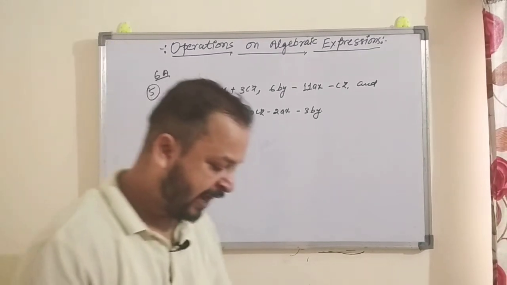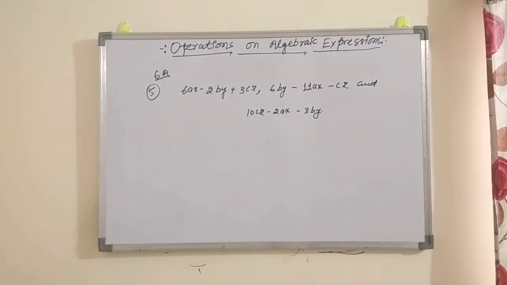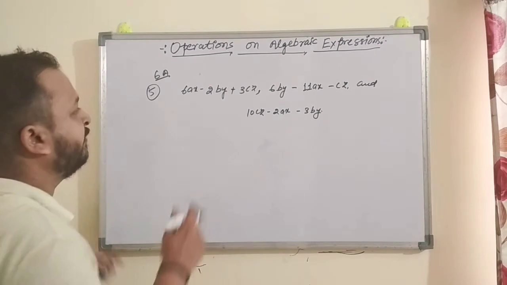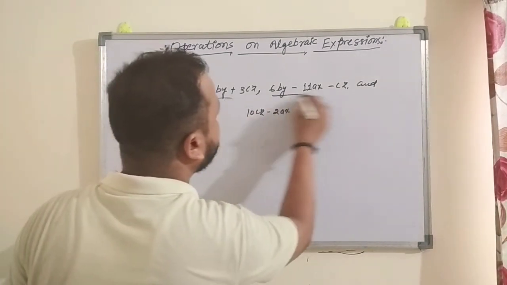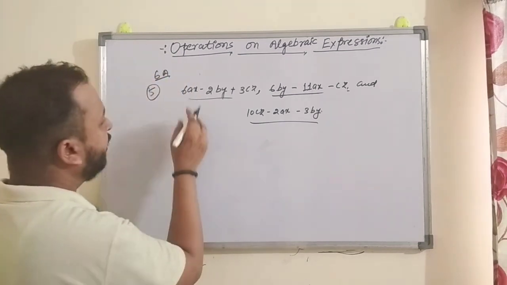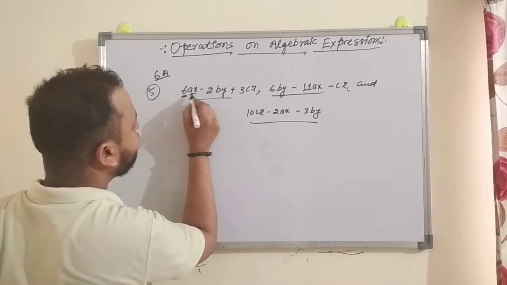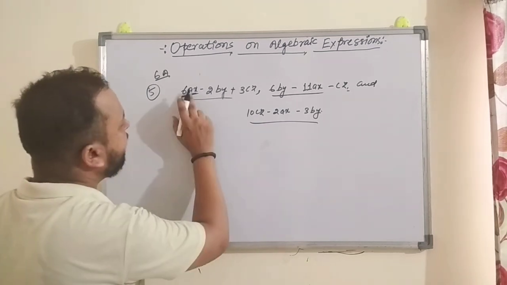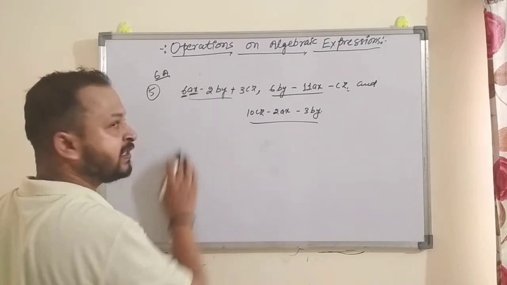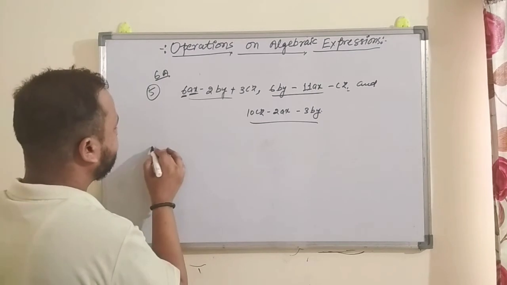So for adding, we'll write like terms below each other. So first we'll convert them into like terms in the same order. And one more thing, this 6 is the coefficient of ax, a is the coefficient of 6x, and x is the coefficient of 6a. So this thing you also have to understand.